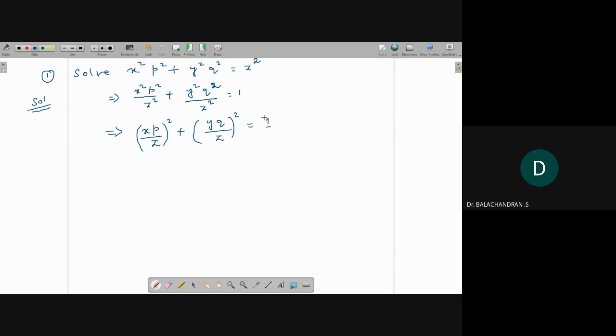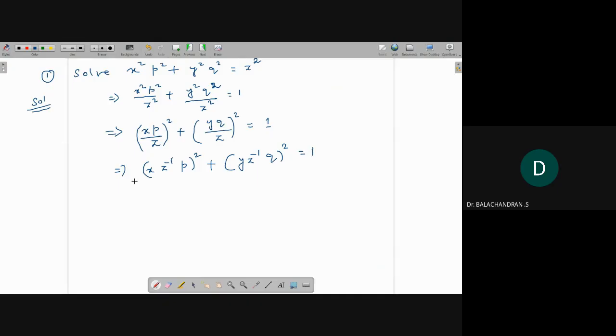Now I will rewrite. This is (x z power minus 1 p) whole square plus (y z power minus 1 q) whole square equal to 1.